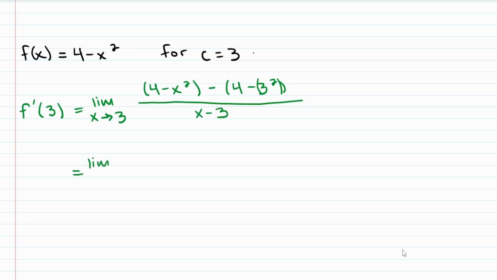Let's go ahead and simplify this by, we want to combine our inside parentheses terms and then distribute that negative sign. So we would just have our 4 minus x squared here. 3 squared would be 9. 4 minus 9 would give us negative 5. And then we distribute that negative, and we would end up with a positive 5.